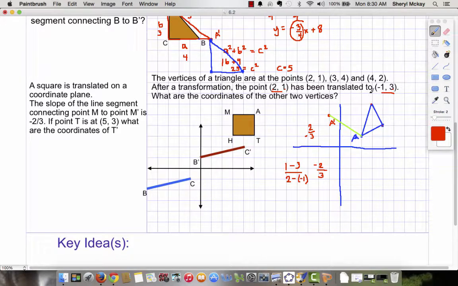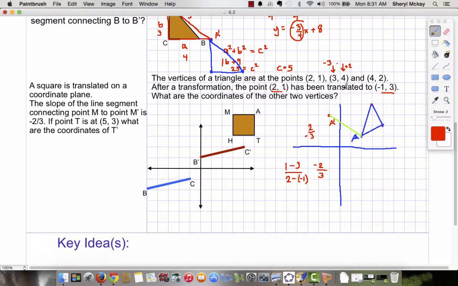So I'm going to take my y and add 2, and I'm going to take my x and subtract 3.